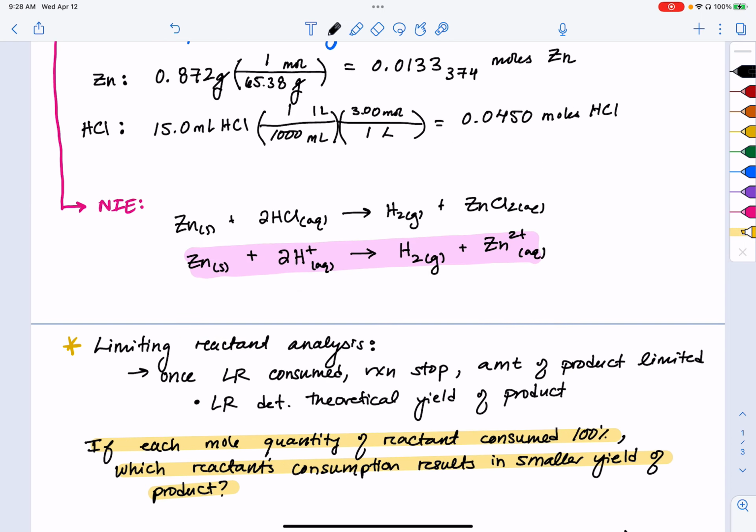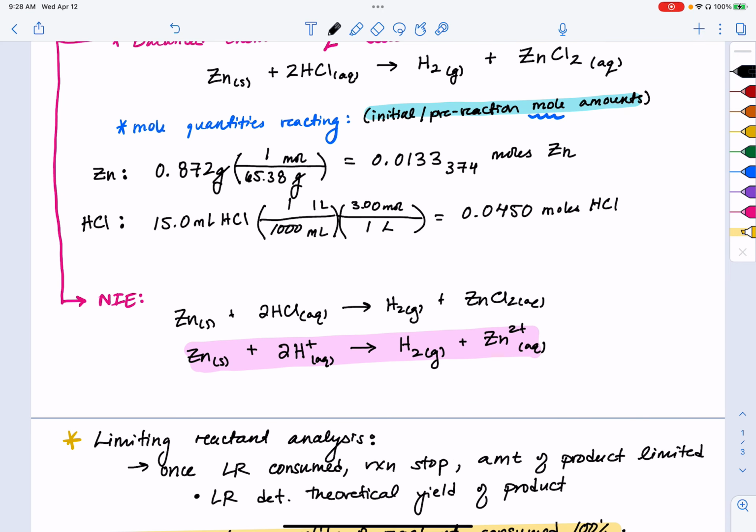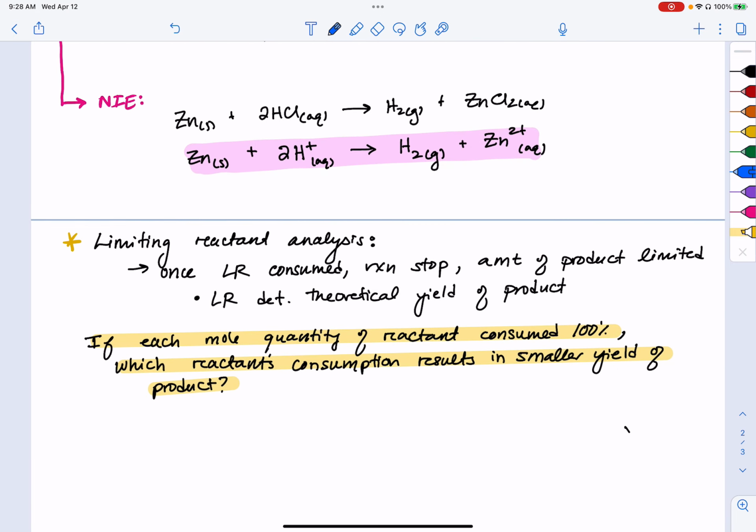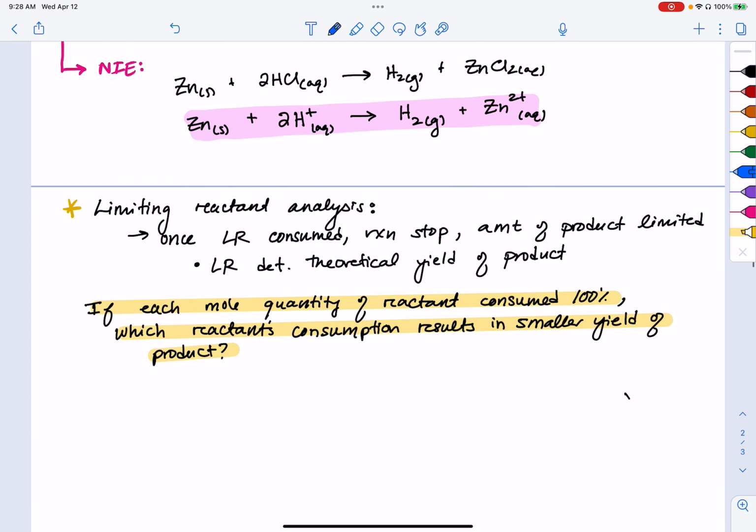So let's start with our mole quantities of both reactants. And then we're also going to need the net ionic equation, which relates for us how these reactants react in proportion.